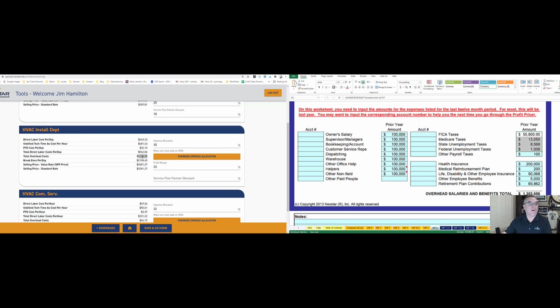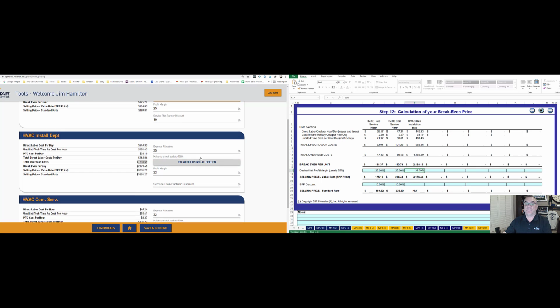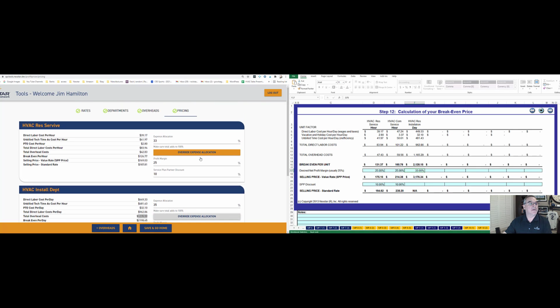Because I've got a 1235 for HVAC installation department for overhead, and when I go over here to overhead, in the MP12 tab, I get a 1165. It's the same for all of them. Here's the HVAC service department, which is this one here.